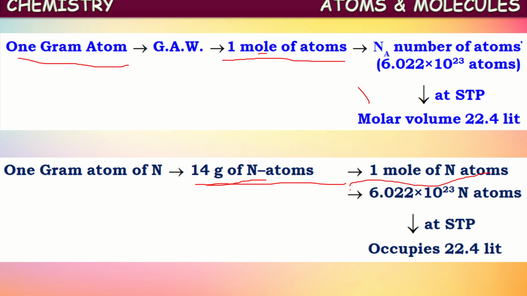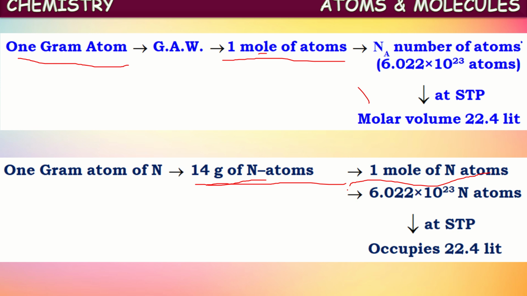So 1 mole of nitrogen atoms contains how many atoms? Avogadro number of atoms, that is about 6.022 into 10 to the power of 23 nitrogen atoms. That means if you take 1 gram atom of nitrogen, it contains 6.022 into 10 to the power of 23 nitrogen atoms.